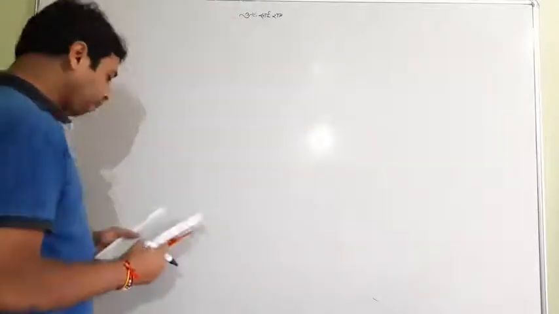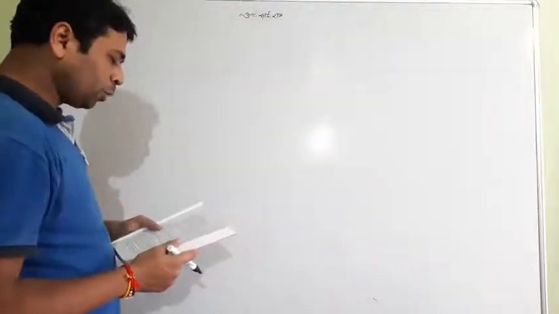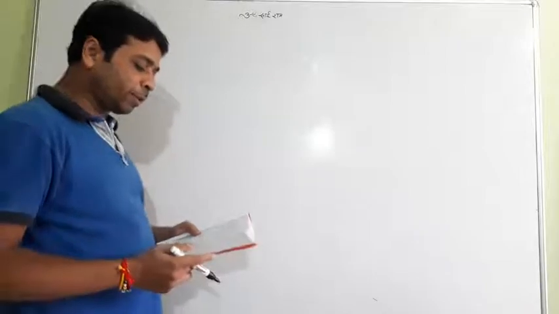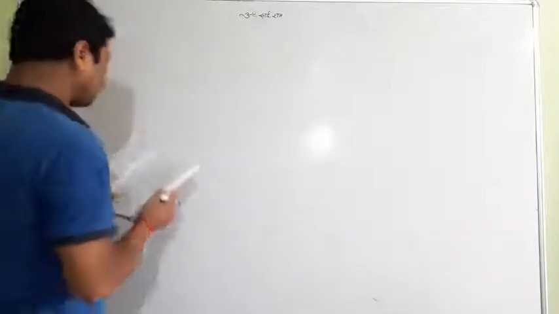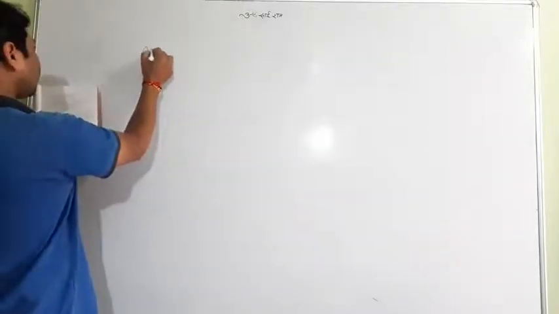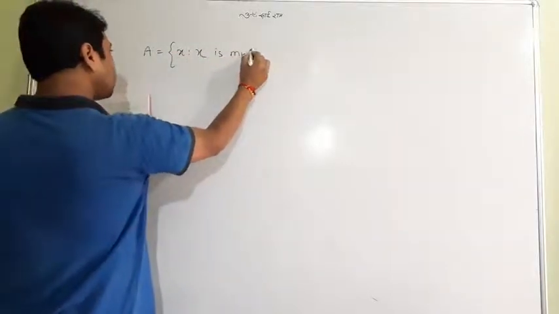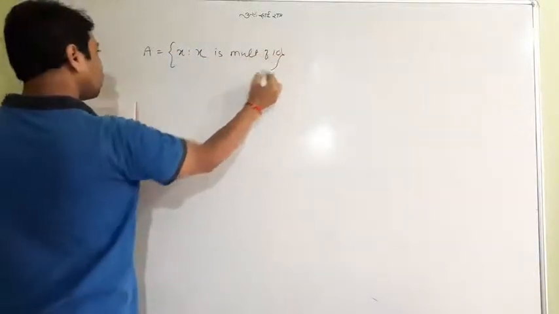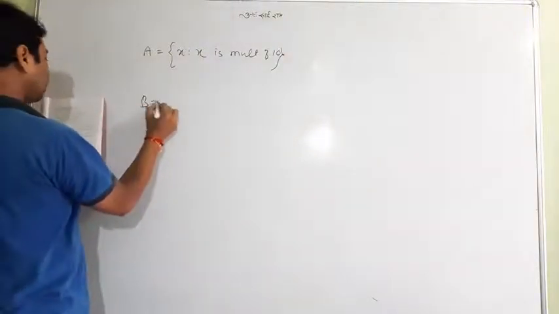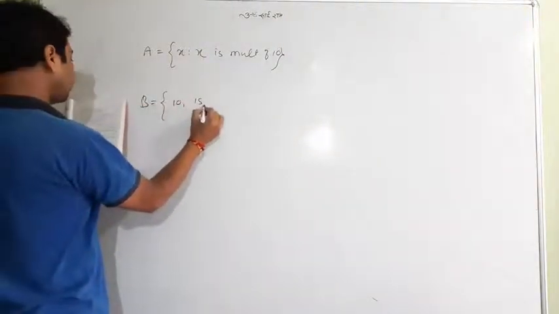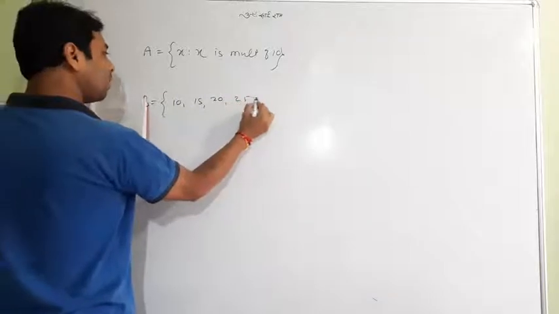The fourth question is also very easy. A says that x is a multiple of 10, and B is 10, 15, 20, 25.